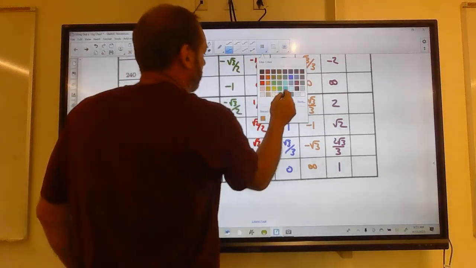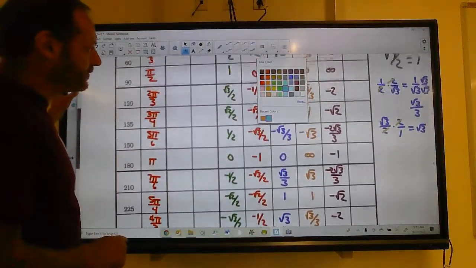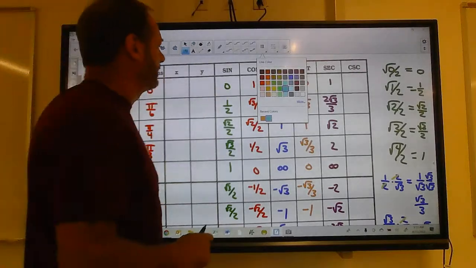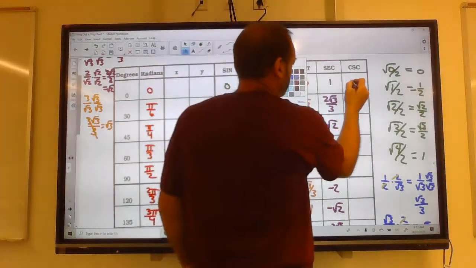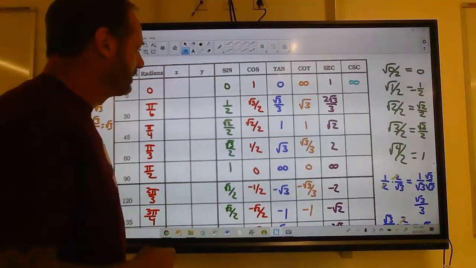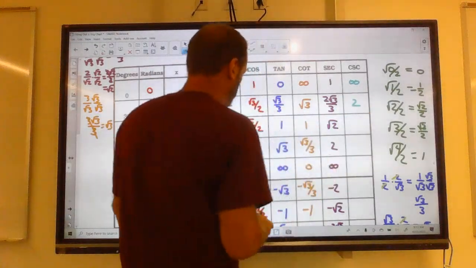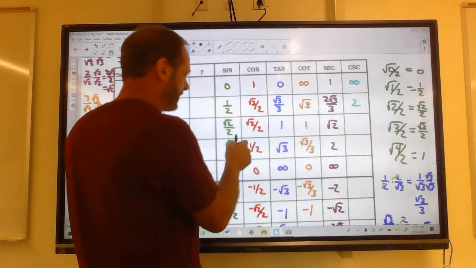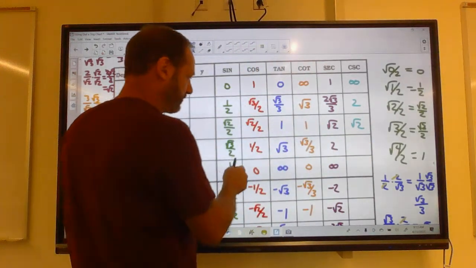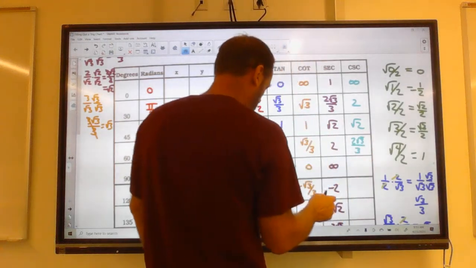And now that brings us to the last column, which is the cosecant, which is the reciprocal of sine. Okay, so I flip over 0, that's infinity. It's going to be the same numbers as here. It's going to be different order. So this is going to be 2. And this is also going to be square root of 2. And this one's going to be 2 square root of 3 over 3.